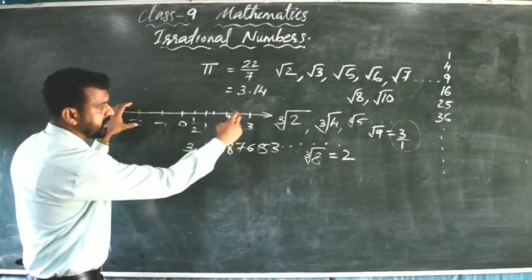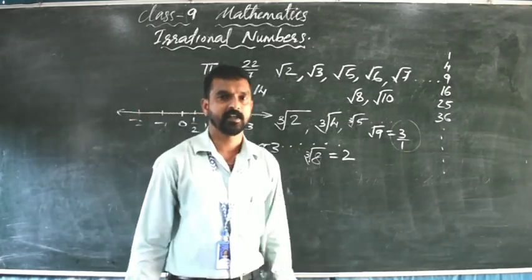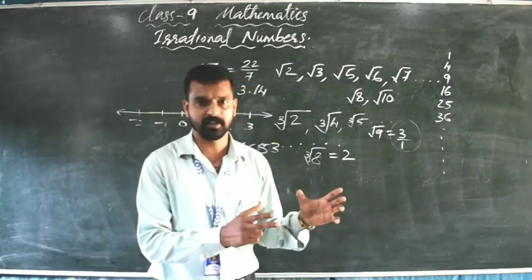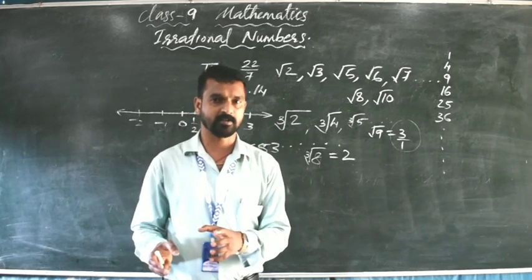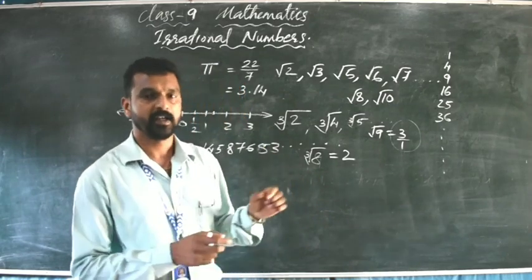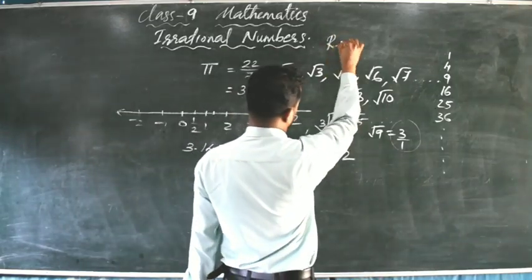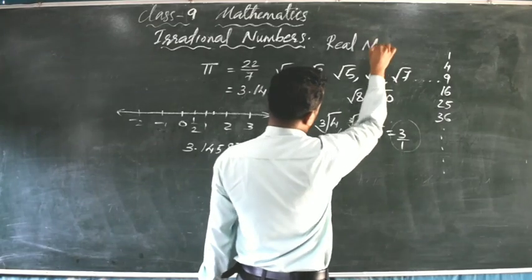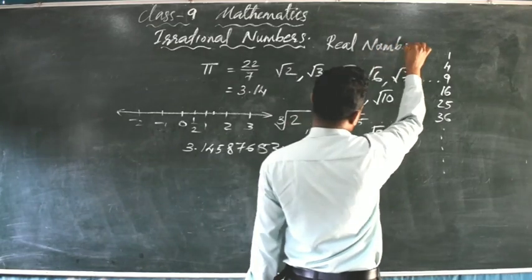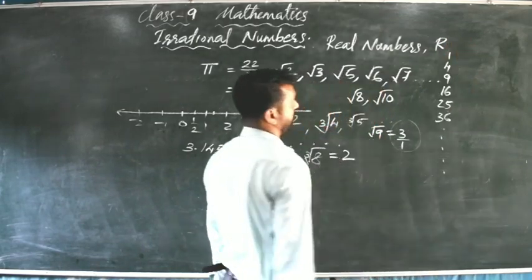If we collect all the irrational numbers and put them inside this bag, now inside our bag rational numbers and irrational numbers are both there. This collection of all the rational numbers and irrational numbers together is called real numbers, denoted by capital letter R.